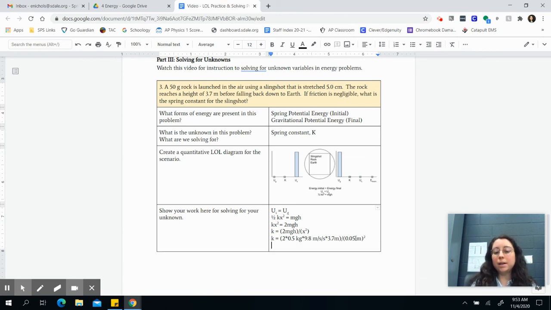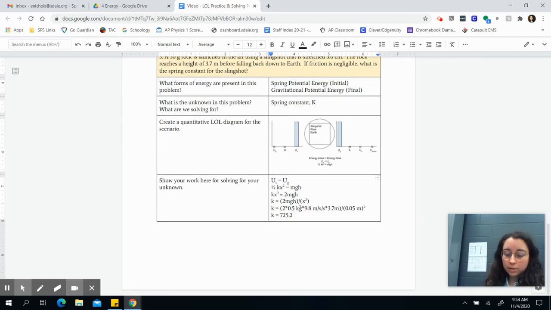If I plug that into the calculator, I'm going to get a value of 725.2. And now you're wondering what the unit is. I have kilograms multiplied by meters per second squared, multiplied by meters. So that's going to be kilograms times meters squared divided by seconds squared.